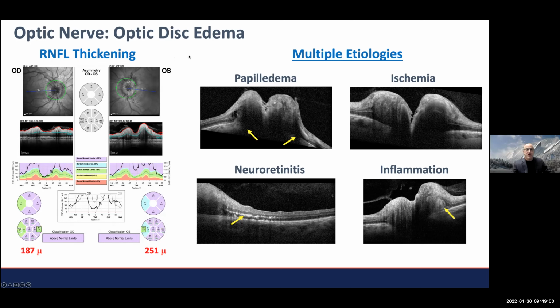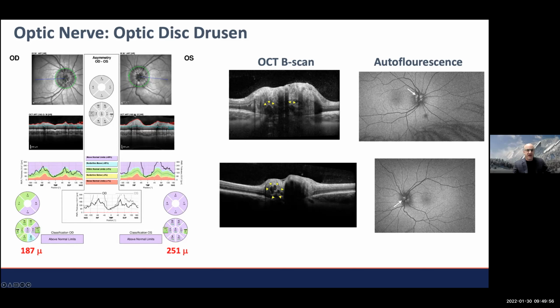Here, you can also use OCT to look at deposits within the optic nerve head. In this case of optic nerve head drusen, you can see drusenoid material in between the two edges of the opening to the optic canal as hyporeflective entities with hyperreflective edges as outlined by these yellow triangles.